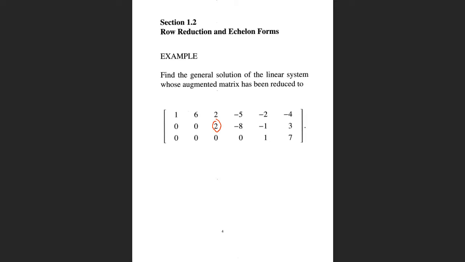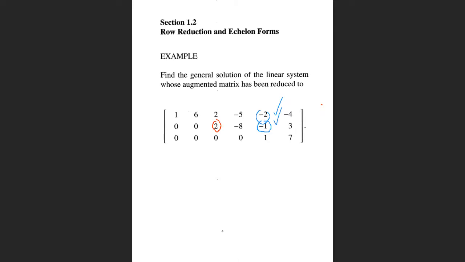Okay. And also for reduced echelon form, I want to be careful how I say it. That's right. We would need to have zeros there and there.